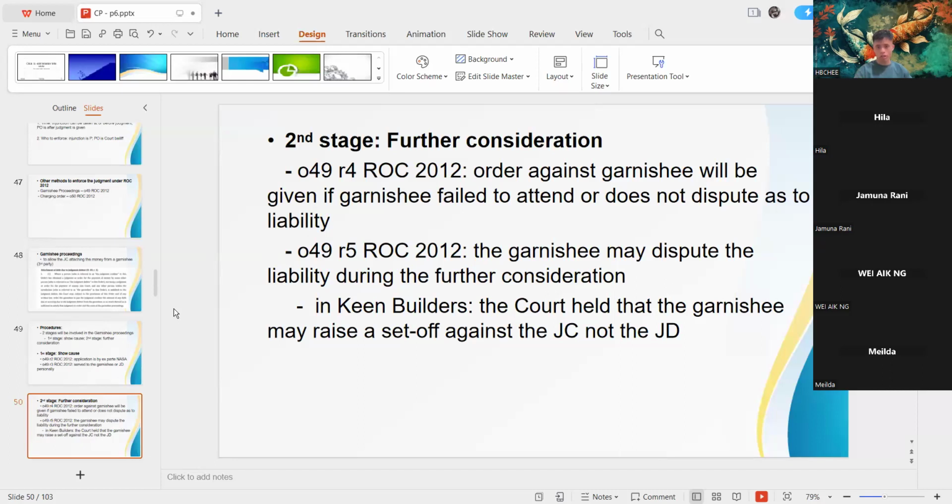The court held that the garnishee may raise a set off against the judgment creditor, not the judgment debtor. The reason is that it is the judgment creditor who garnishes your money, not the judgment debtor. So the only person that the garnishee can set off against is the judgment creditor.